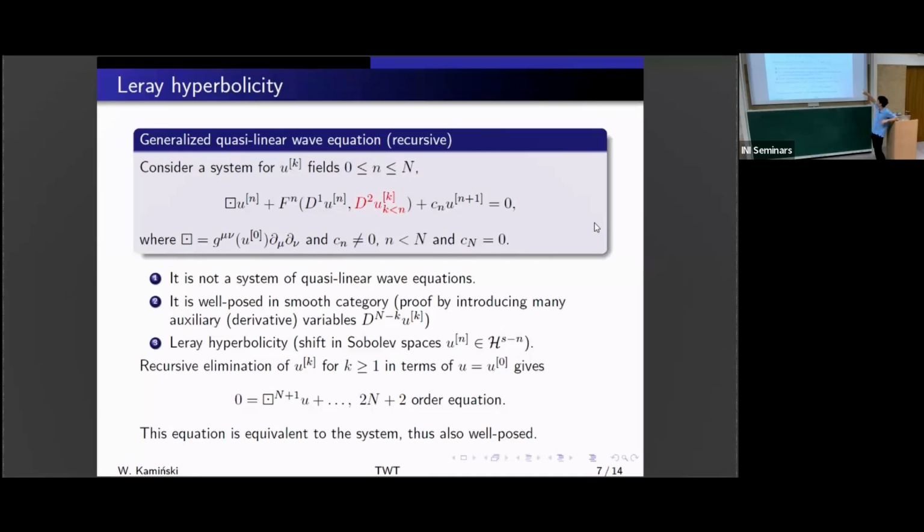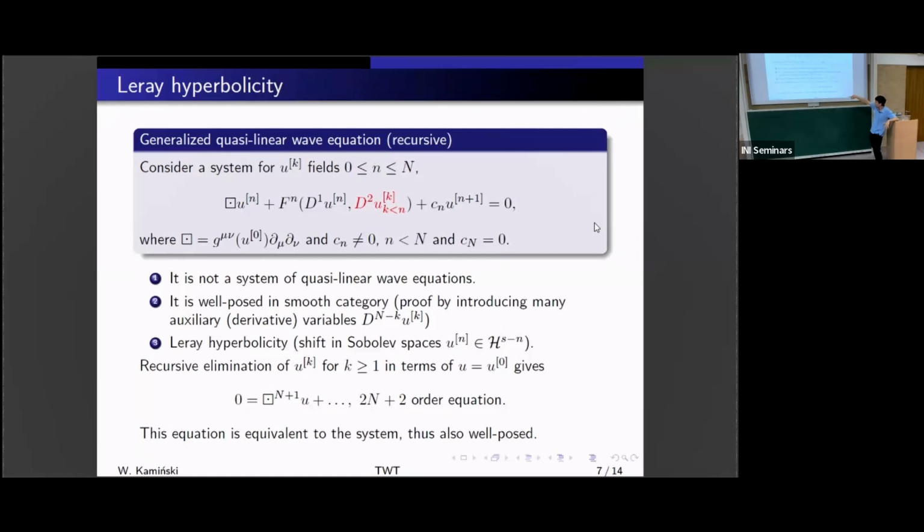So I will call this a generalized quasi-linear wave equation. I added this recursive condition because we want the first tensor to be determined by the zeroth tensor. So this equation should be such that, for n+1, you can solve and iteratively put it in this system and obtain a single equation for U0 with the high order terms.